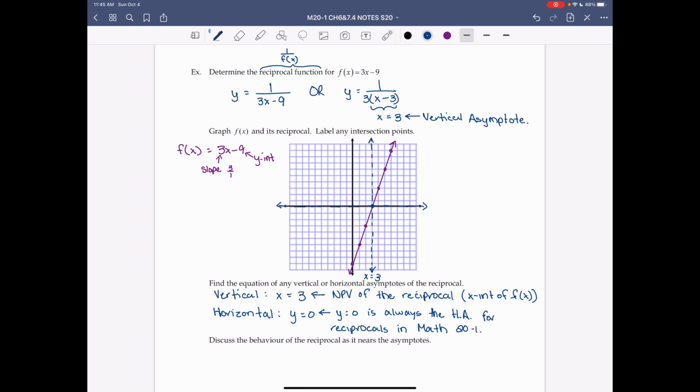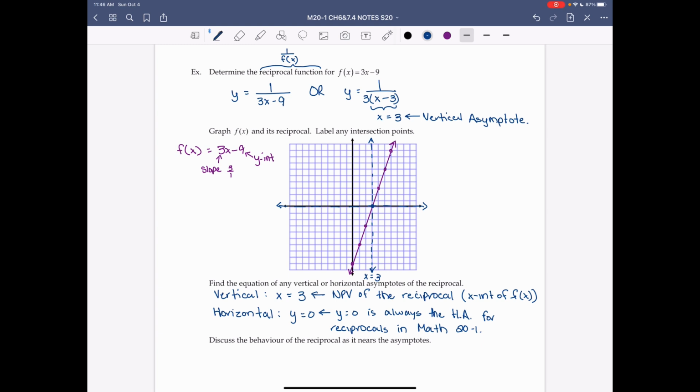We'll see horizontal asymptotes at different values in Math 30-1, but in 20, you're always going to have a horizontal asymptote at y equals 0. So we have that part. Now let's graph our curves. The original function f of x is linear. So our reciprocal function is going to look like the first one we did, where it has two curves, and they're going to be diagonal from each other.